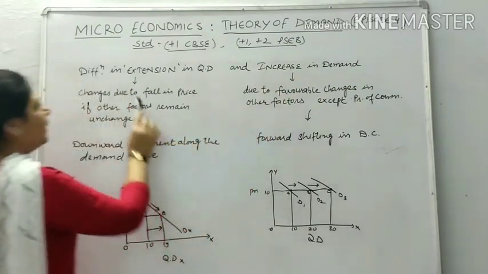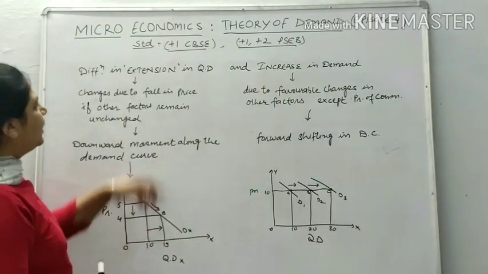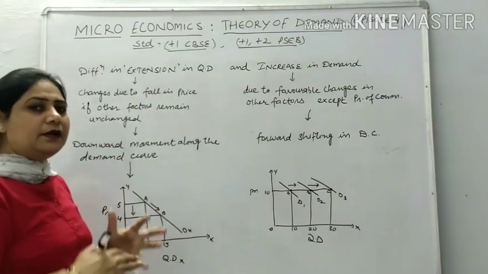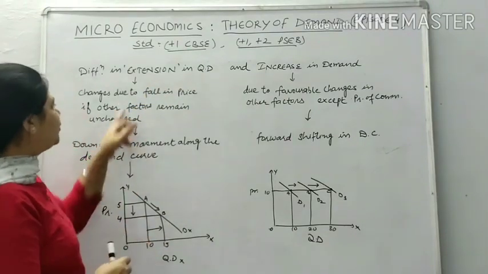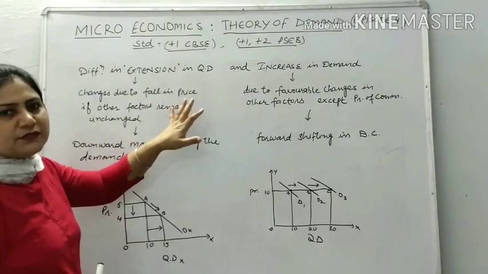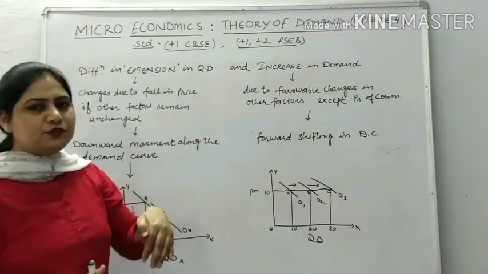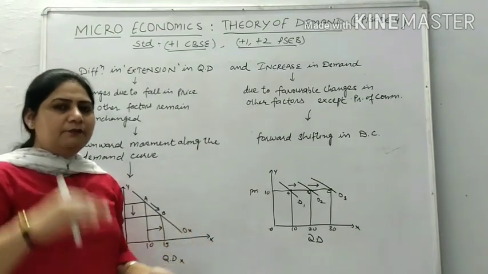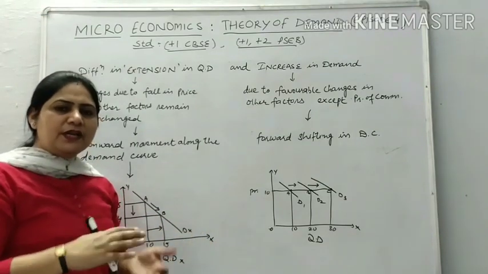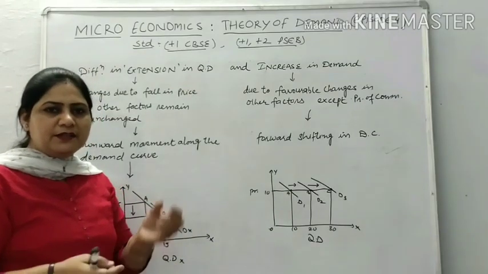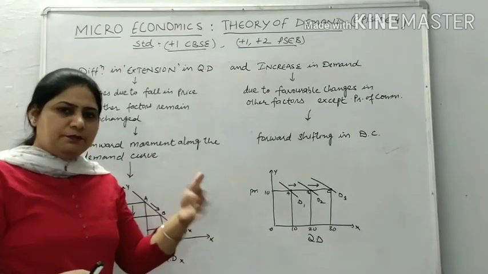As you know, students, extension in quantity demanded occurs due to a change in price. Extension happens when there is a fall in the price of any commodity. When there is a fall in price, the consumer tends to increase the quantity demanded that he is purchasing.